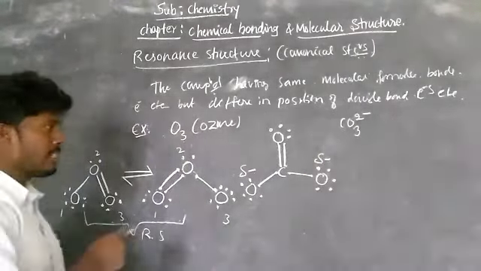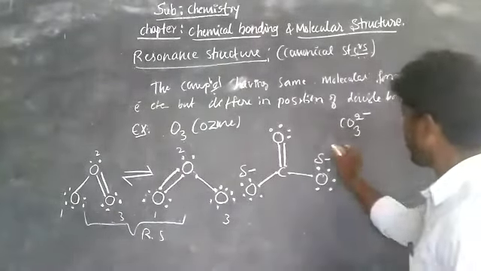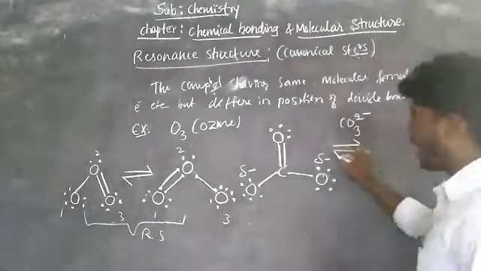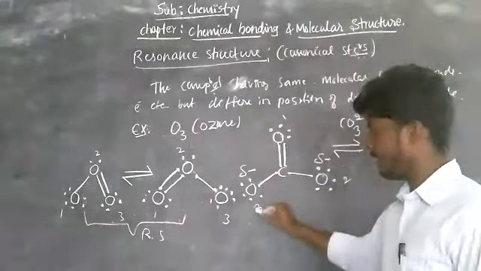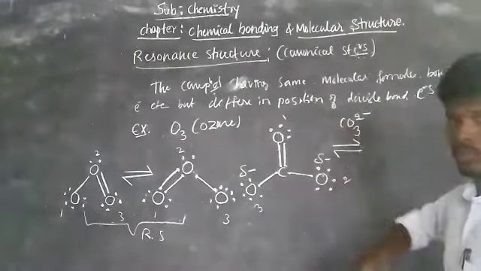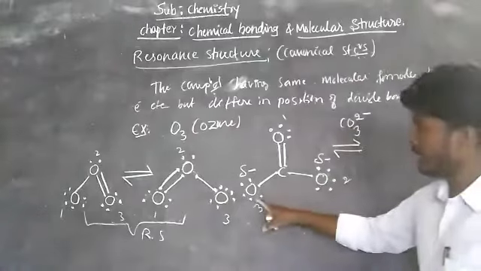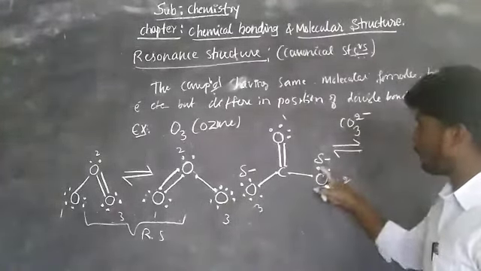Like that. Now its resonance structure, observe: put a double-headed arrow. Let's take this as 1, 2 and 3. Now between these two, observe, it contains an odd number of electrons: 1, 2, 3, 4, 5. Here also 1, 2, 3, 4, 5.